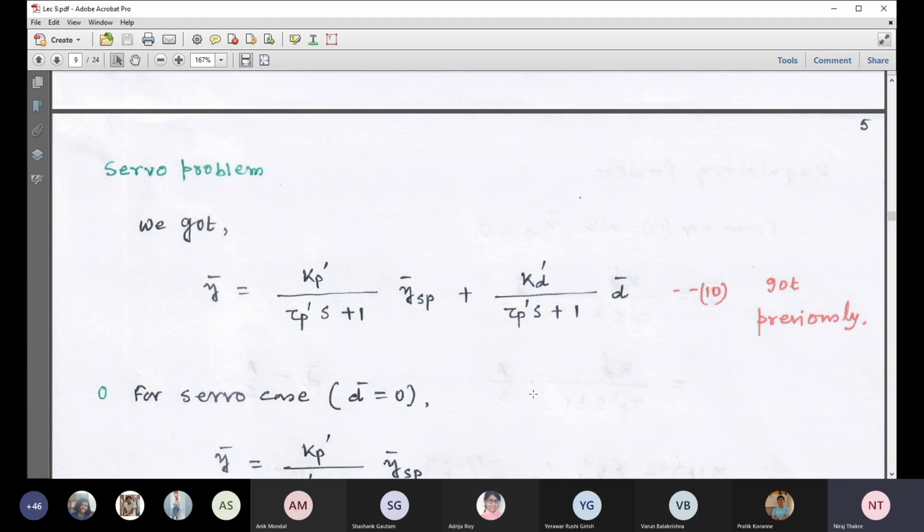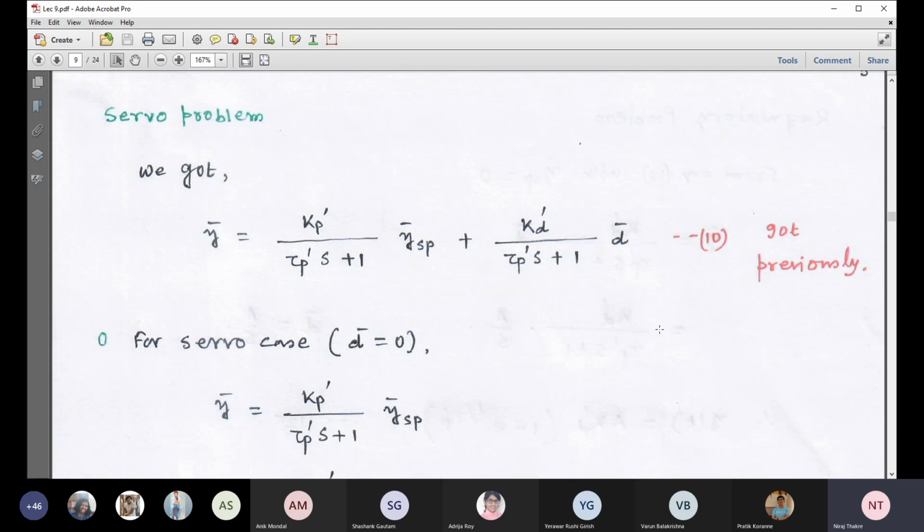Let us first consider the servo case. For servo case, I have mentioned that the disturbance term is 0. That means the second term gets omitted. So this is our closed loop transfer function for the servo case. We have just considered the first term.